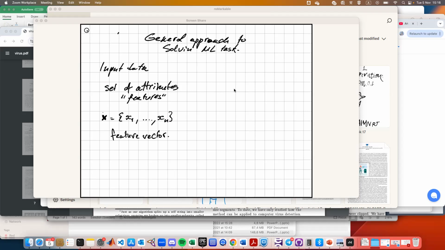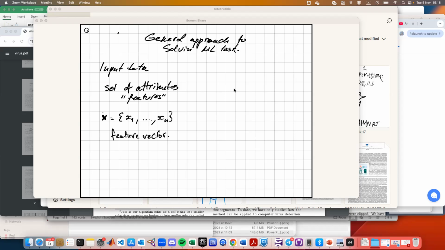And then, dependent on the task, this feature vector can be accompanied with information about belongingness to a category, if you talk about supervised learning, or not, if we are in the domain of unsupervised learning.